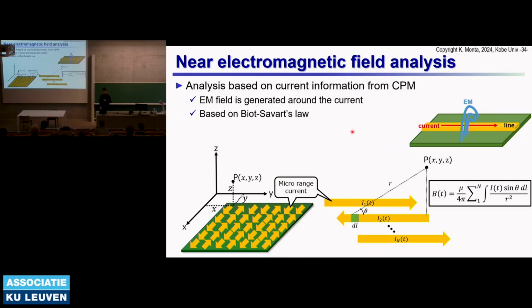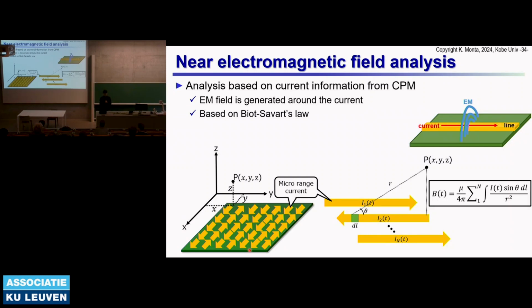Once you can get the power current flowing through the power delivery network at each point, you can also estimate the magnetic field just above the IC chip. This is the image of the simulation. As I said, you can capture the power current waveform at each point of the power delivery network over the IC chip.